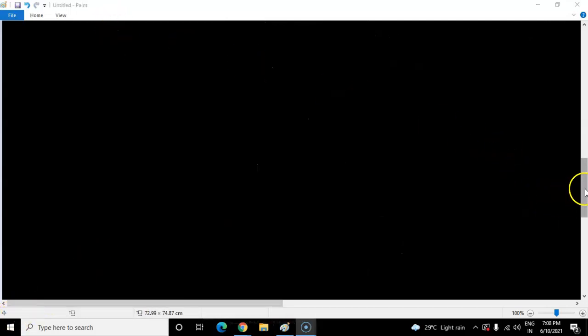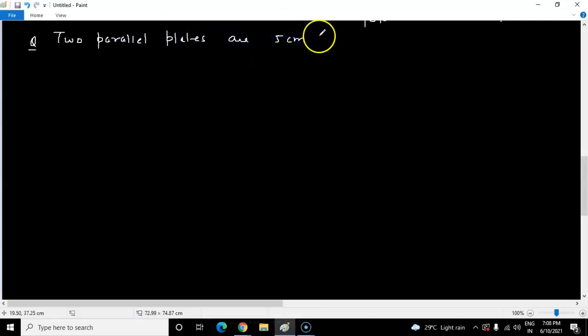So, to understand this formula, we'll do one small question here. See here, what is given? Two parallel plates are 5 cm apart, and a potential difference of 60 volt is set up across them.